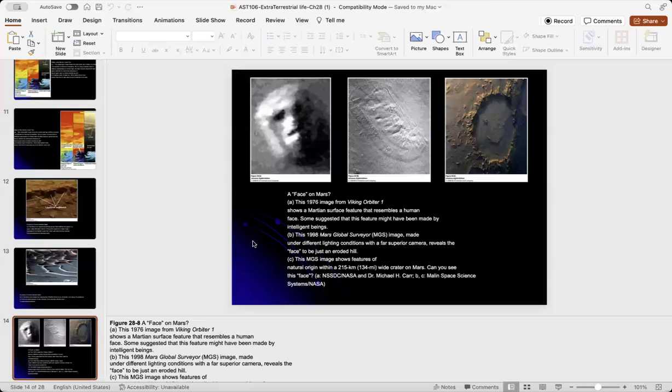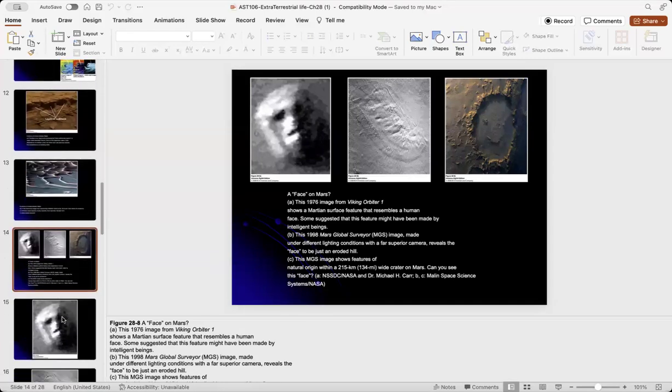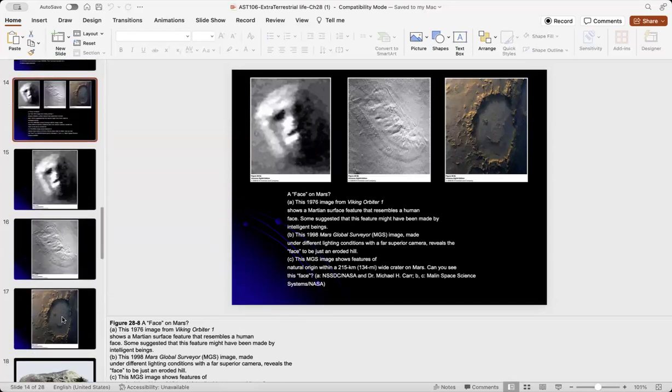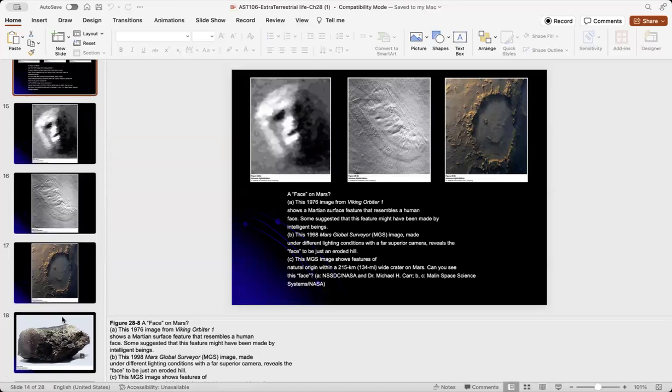This MGS image shows features of natural origin within a 215-kilometer wide crater on Mars. It looks like a smiley face. Someone who is more inclined to believe might think that some intelligent civilization intentionally made this.